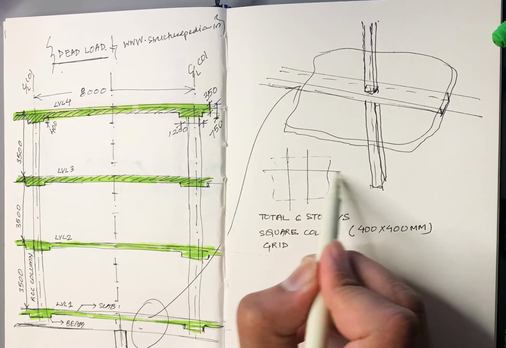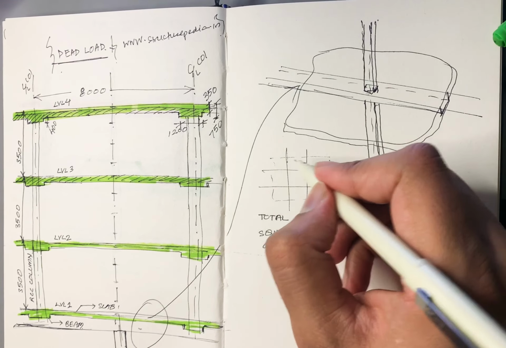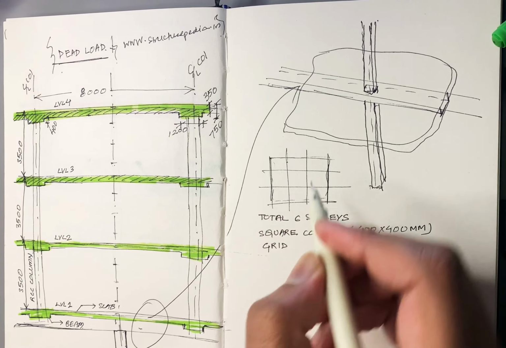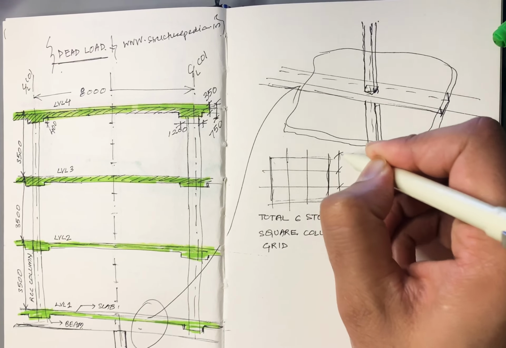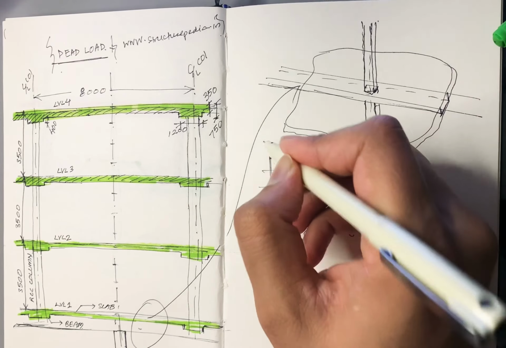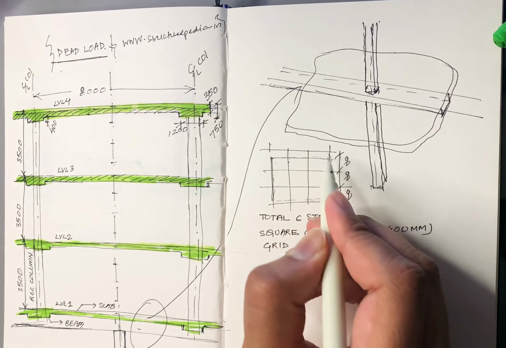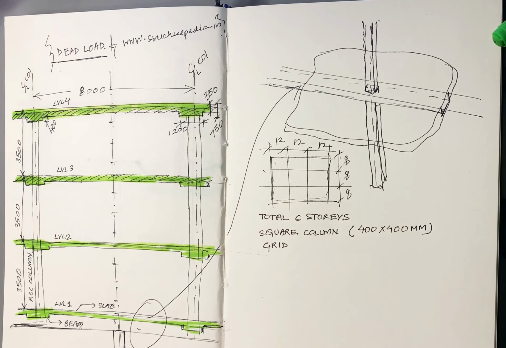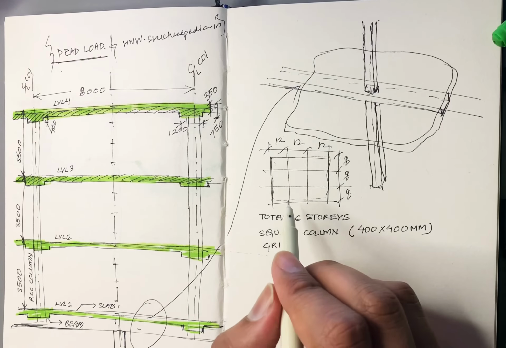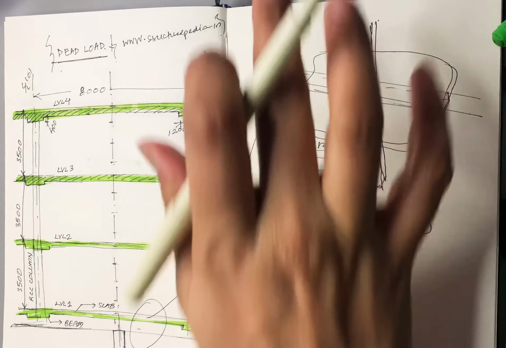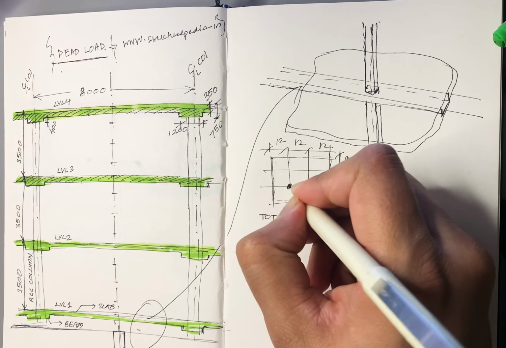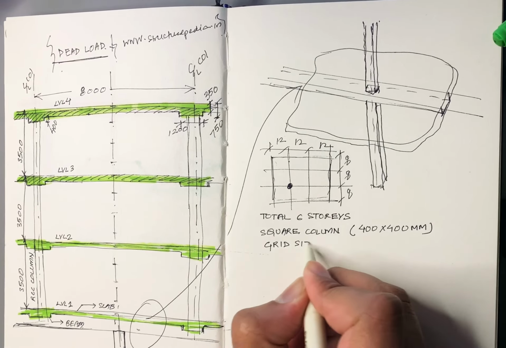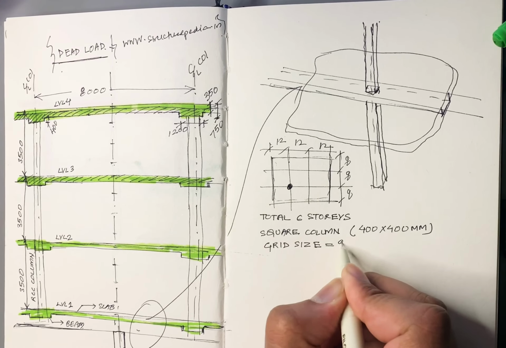In this particular building it is something like this: this is all 8, and this all 12. This is our main target. This is the key thing, that here we have to calculate the loading. So grid size, write down the grid size, which is 8 meters.